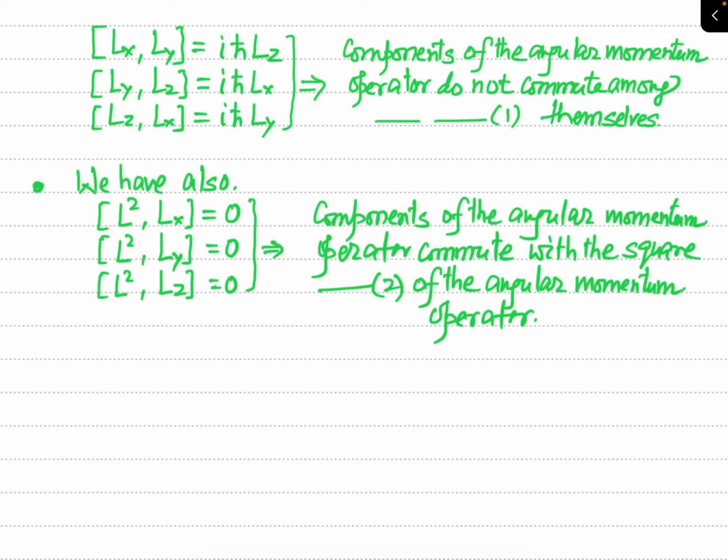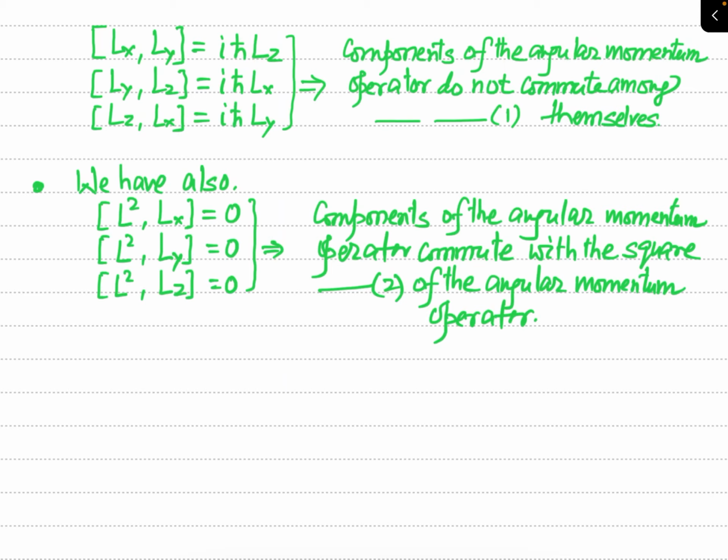Since the components of the angular momentum operator do not commute, it means the commutators of Lx and Ly, Ly and Lz, and Lz and Lx do not vanish. So you say that the components of the angular momentum operator do not commute among themselves.